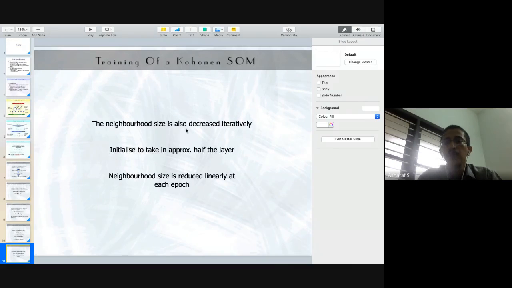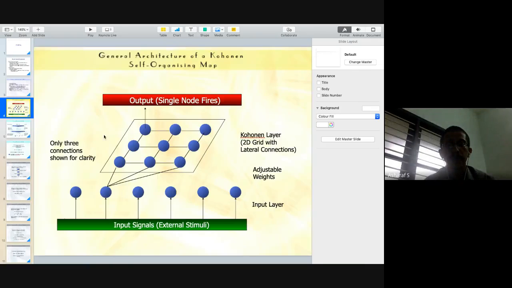You typically start with a large neighborhood. In initial approaches, if you have a 2D grid, say this is my winning neuron, I can update the weights of everybody at one hop. This is not very evident in this case. Think of a context where there is a 100 by 100 map.